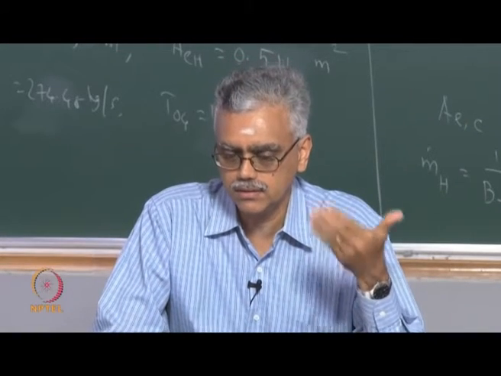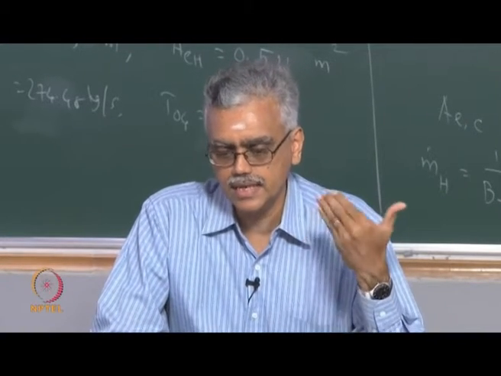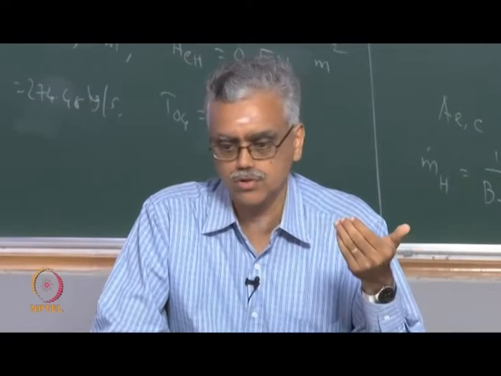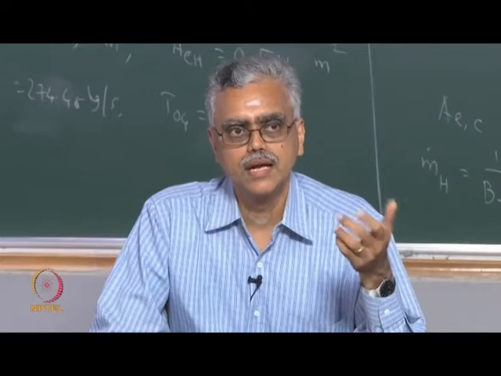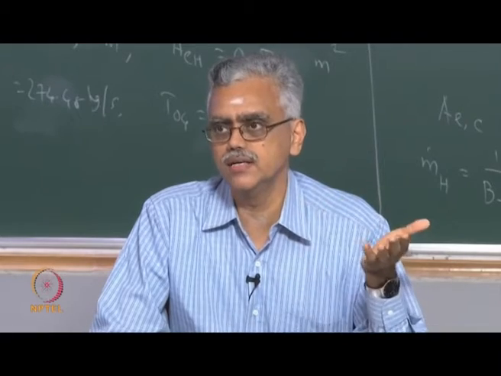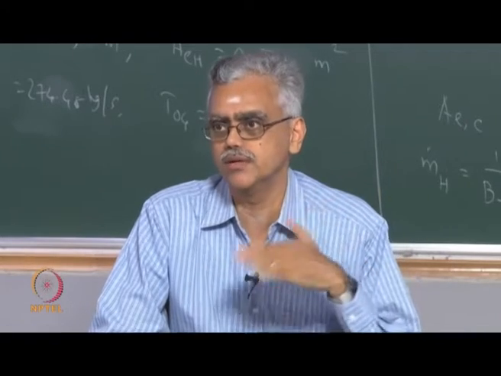And because the diameter is large and the fan speeds are also large, these fans typically operate with fan pressure ratios around 1.6 to 1.7. That is what we used in our calculations also just now, for the worked example, right? So this is the space in which direct drive turbofan engines operate with propulsive efficiency around 0.8 or so. And you will remember that we had a chart earlier which compared the various propulsion technologies, right?